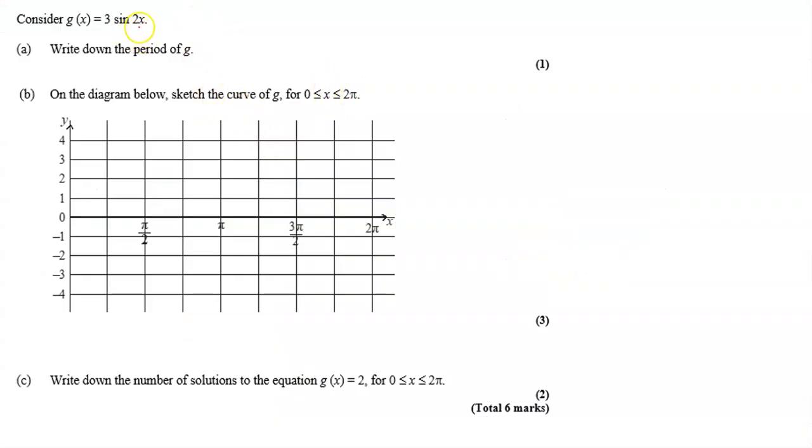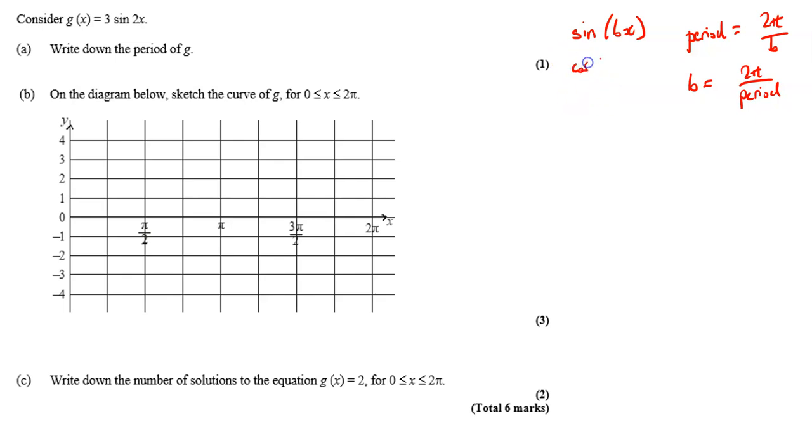Now, there's a very common thing for trig functions, where for sine, it works for sine, cos, or kind of for tan. If we have sine of bx, we would say the period is 2 pi over b, or we would say b equals 2 pi over the period, depending on what we're trying to find.